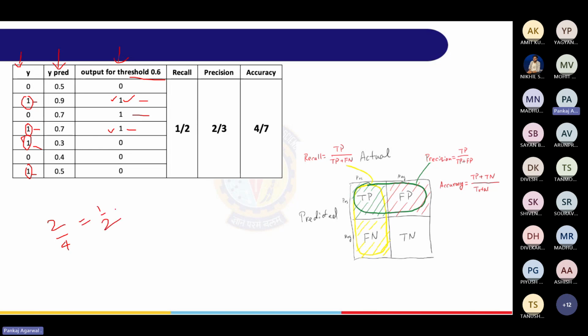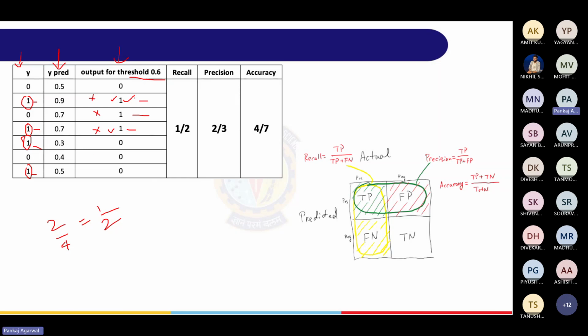You get this, everyone? Now, precision. Precision says that out of the total predicted yes, how many actually got true? So out of the total prediction cases, how many are actual predictions? Suppose in this one, there are three cases, right?